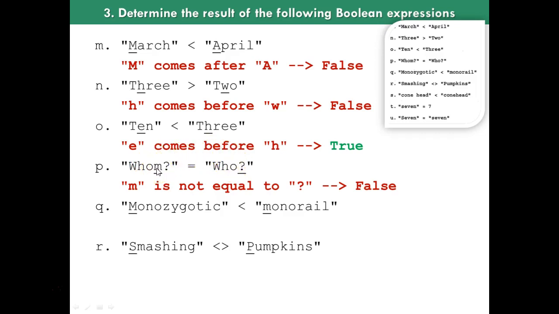And finally, the M with the question mark. At this point, the computer has enough information to make a decision about this particular relational operation, and it can decide that equals is not true, which means that it's false. And that's how all string comparisons are performed.